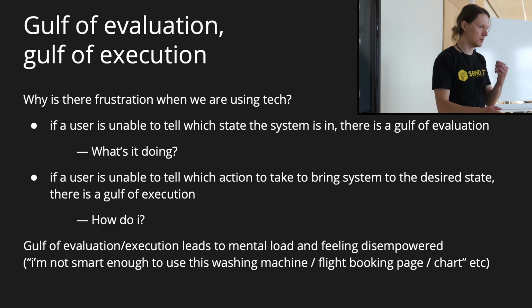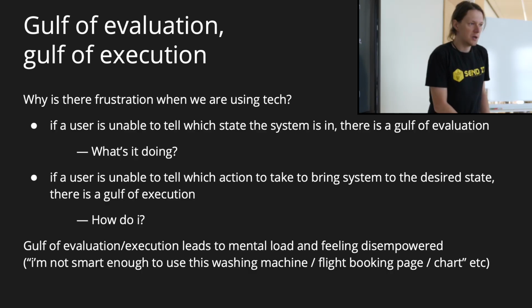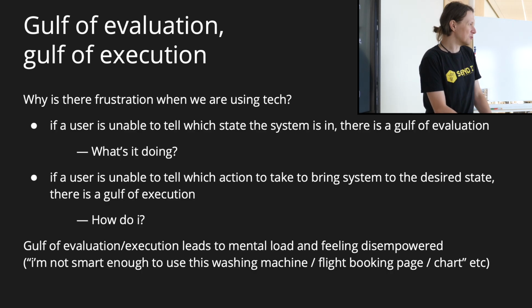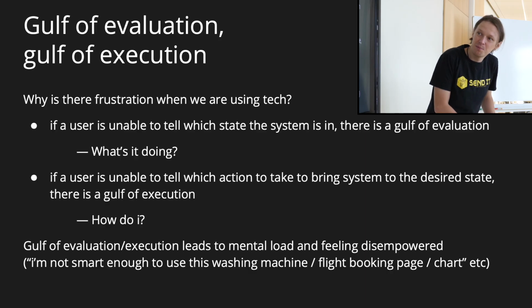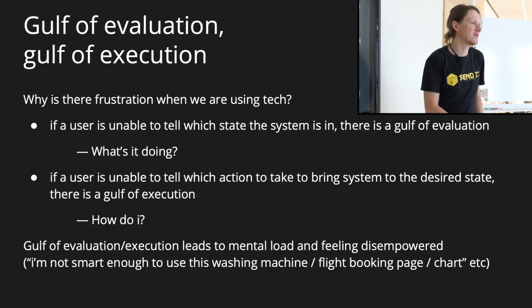These are two key concepts from that book. So what is it? Gulf of evaluation is not being able to say what the system is doing. A user is unable to tell which state the system is in, so there is a gulf of evaluation.